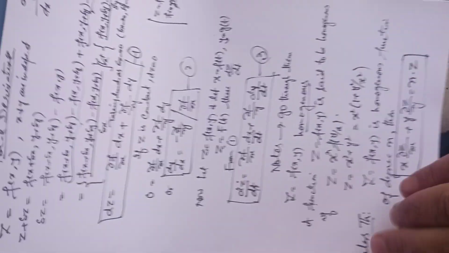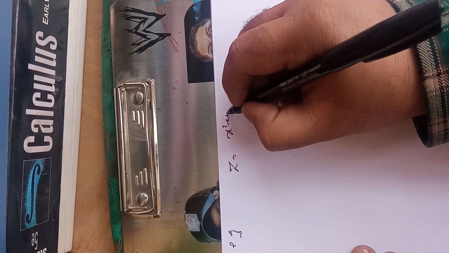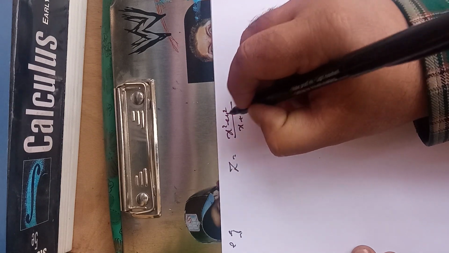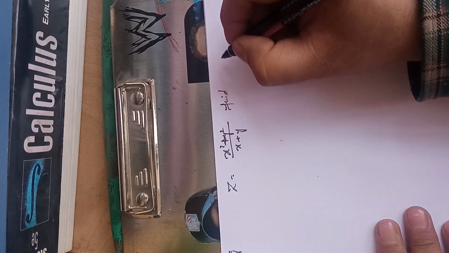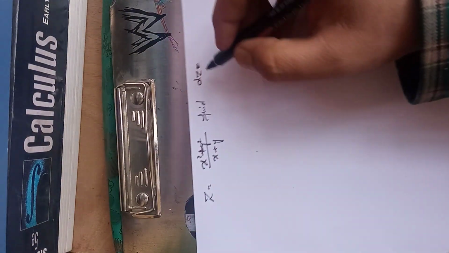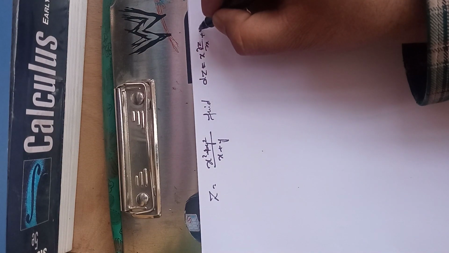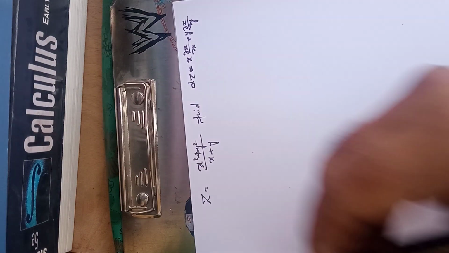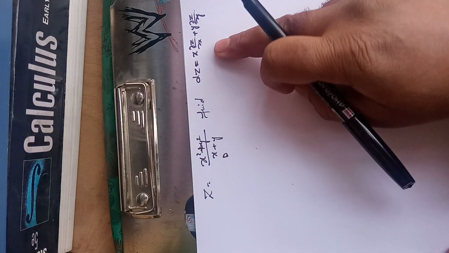For example, if z is equal to (x square plus y square) by (x plus y), find x del z by del x plus y del z by del y. As per this Euler's theorem, you need x del z by del x plus y del z by del y. Now if I differentiate this partially with respect to x, this will be a huge one.